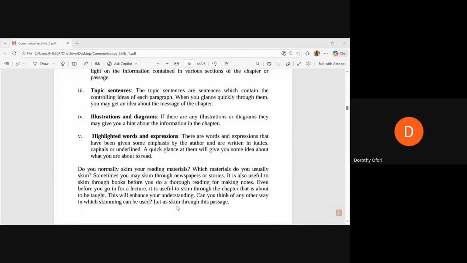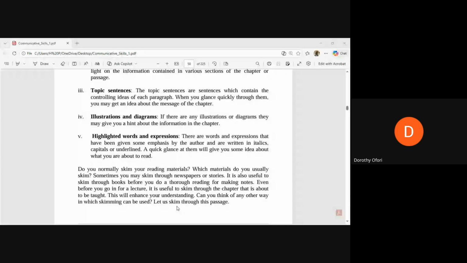Another one is when we want to decide the relevance of a text. So you are reading a course, maybe Com Skills 1. You've seen a book that you feel is related to Com Skills, but you want to check whether it is really relevant to your course or not. So you can skim.